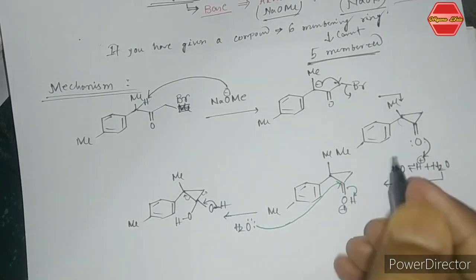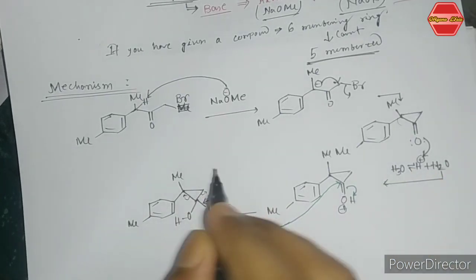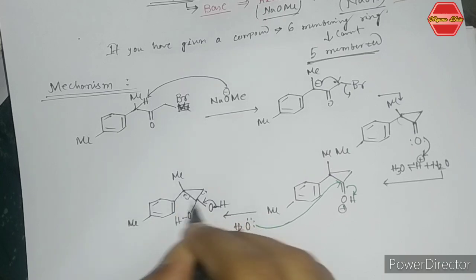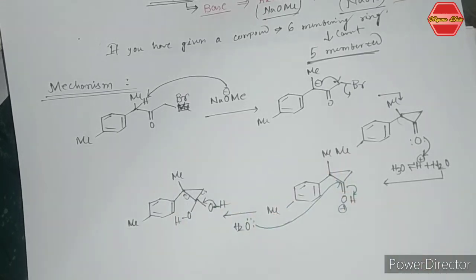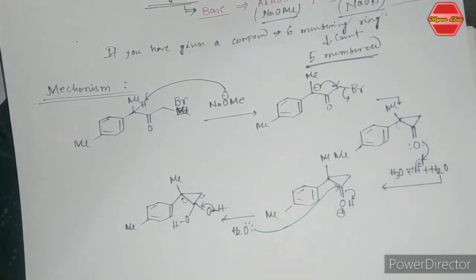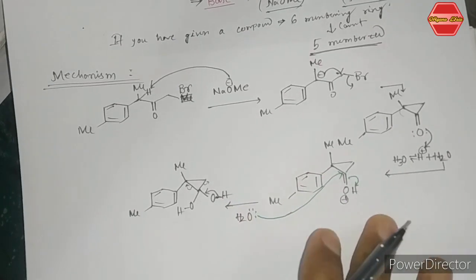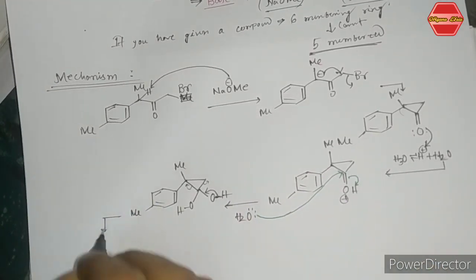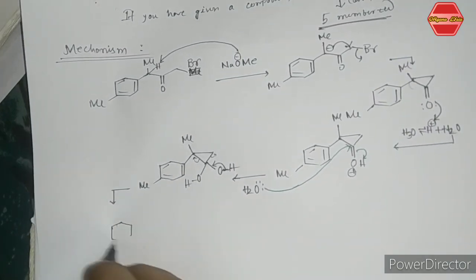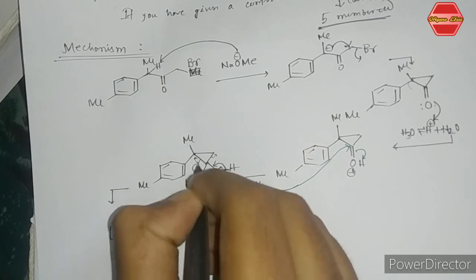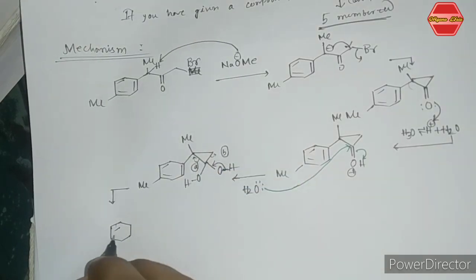Now you have to check, if the bond breaks on either this side or this side, there is a formation of negative charge, and you have to check which negative charge is much more stable, and then that side of opening will take place. Now see here, I am adding these two possibilities, here A and here B.